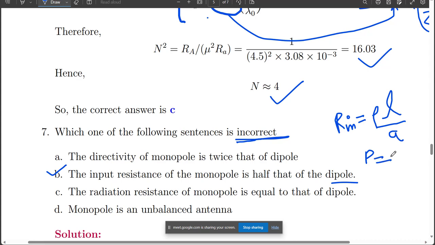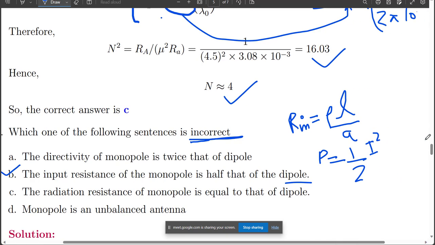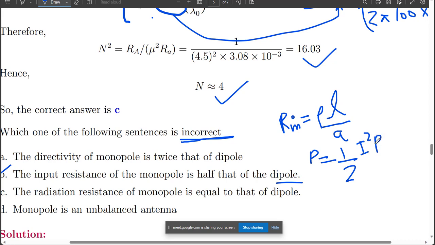Can P be written as half I square R? If input resistance is half, this is for monopole, P of dipole, right?